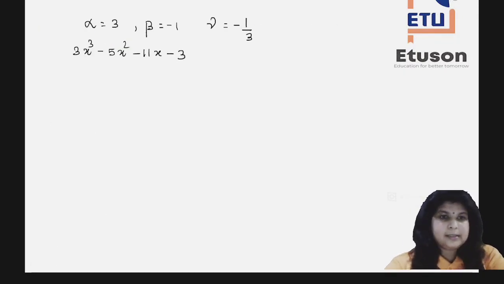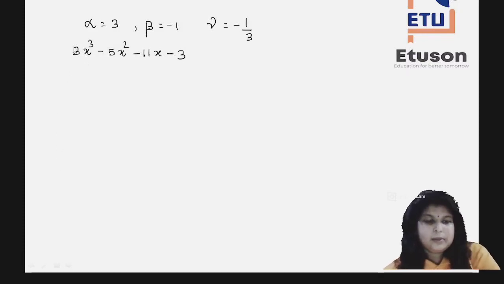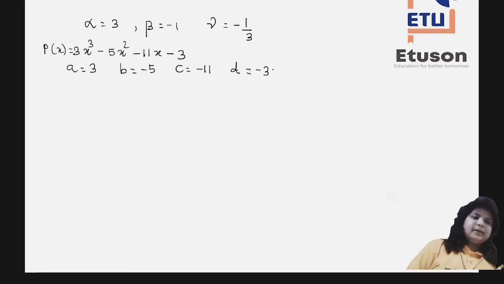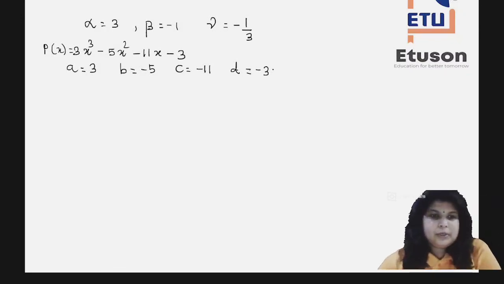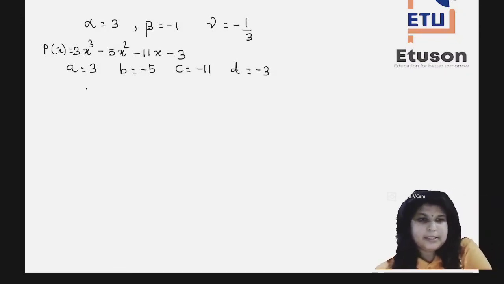Okay, yes, this is the same one. So here, what is the value of a? From the polynomial, a is equal to 3, b is equal to minus 5, c is equal to minus 11, and d is equal to minus 3. Correct or not? So let us find out the relationship then.